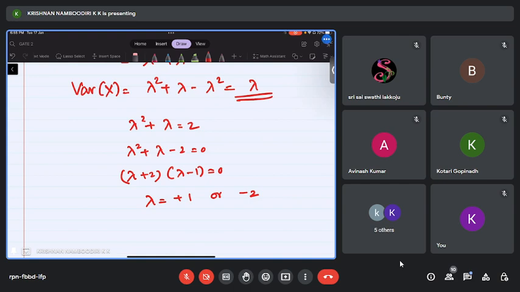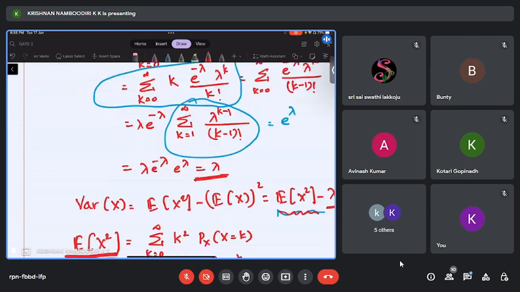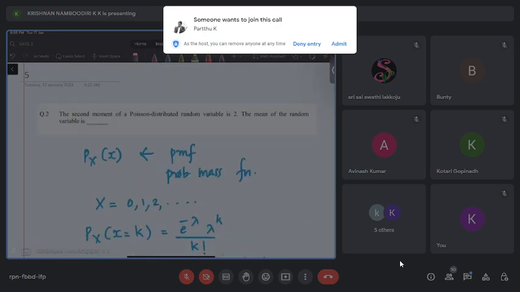It cannot be negative because you are ultimately taking the expectation of a lot of non-negative numbers. So the expectation must be a positive real number. It can be a real number, it need not be an integer, but it has to be non-negative, correct? So the lambda, or the expectation, is equal to plus 1. So the answer to the question is plus 1.